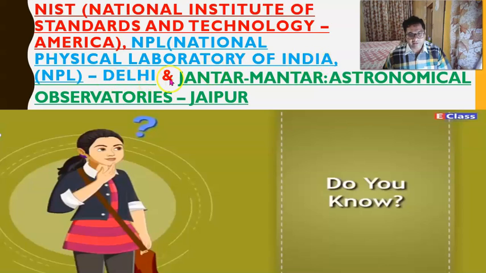And thirdly, you will see the JANTAR-MANTAR, which is an astronomical observatory in Jaipur. Now, what is an observatory? An observatory is a room or a building or a location housing an astronomical telescope or other scientific equipment for the study of natural phenomena. So let's watch it.